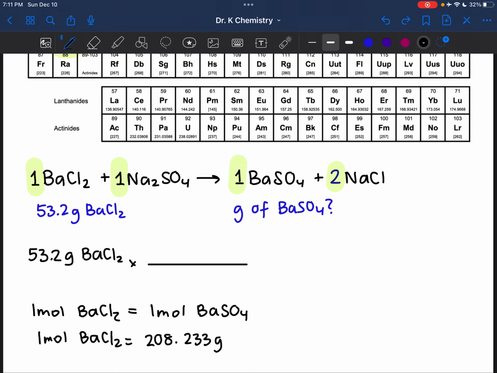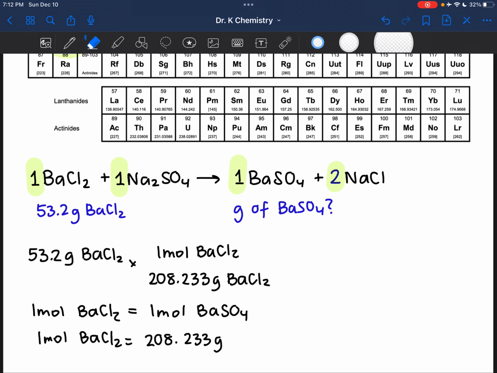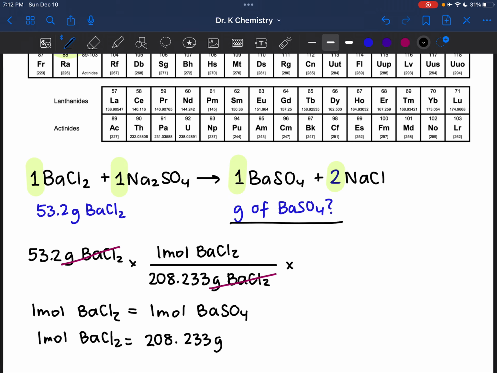If I want to cancel grams over here, then I'm going to put the grams on the bottom and 1 mole of barium chloride in the numerator. This now cancels the grams of barium chloride, and we're working with moles of barium chloride right now.